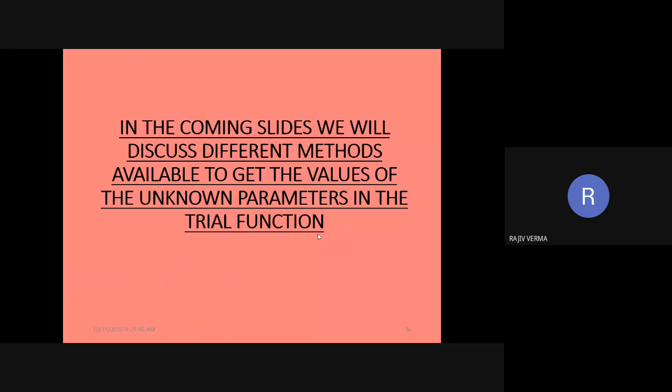In the coming slides, we will discuss different methods available to get the values of unknown parameters in the trial functions. We are going to have a look at the different methods which we are going to discuss in our course curriculum, which are going to be used to obtain the unknown parameters present in the trial functions.